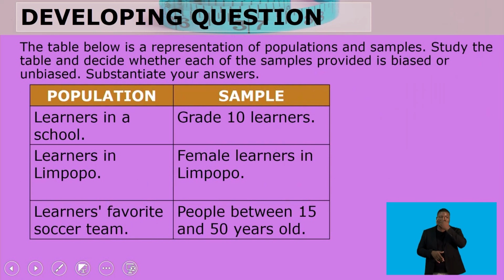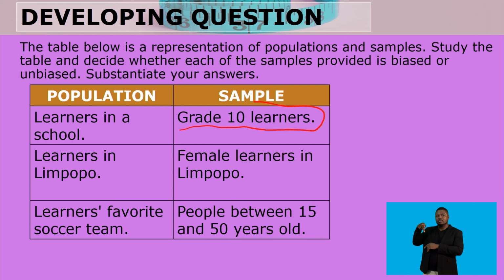All right. The table below is a representation of populations and samples. Study the table and decide whether each of the samples provided is biased or unbiased, not biased. Substantiate your answers. All right, here we go. The population is learners in a school, and in our case, the sample is then just the grade 10 learners. Now, what's the problem here?